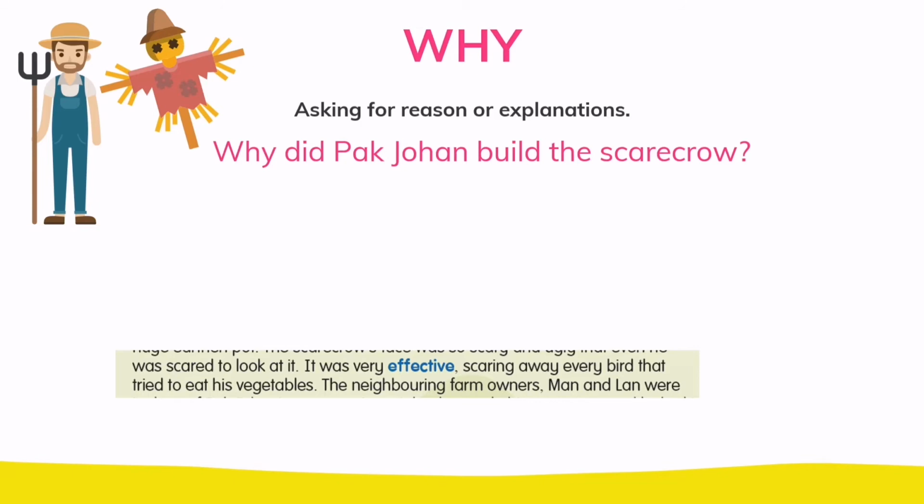So why did Pak Johan build the scarecrow? Terbulat dekat did tu. Tadi bulat kat was, sekarang kita circle dekat did. Okay. Bila ada did, verb dia, in this case dia punya verb ialah build kan? Bina kan? Okay, so the answer, build tu kita kena tukar jadi past tense.